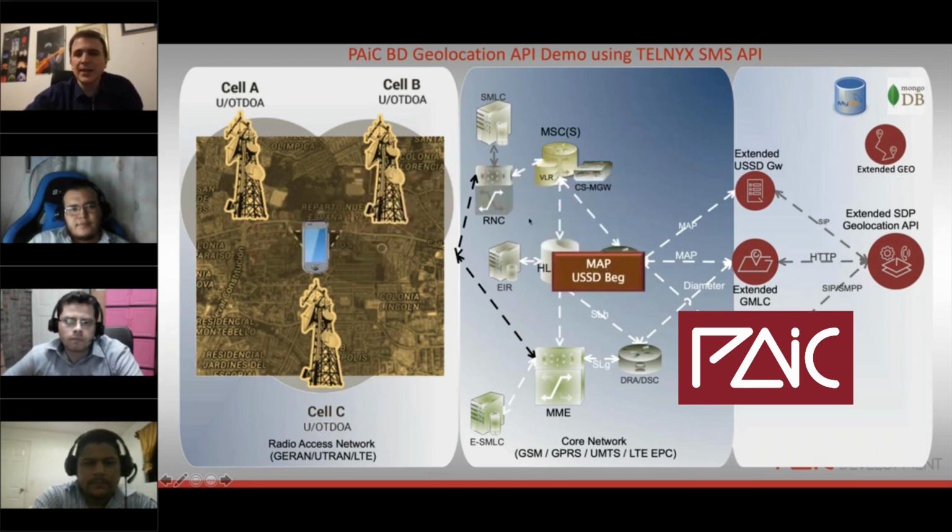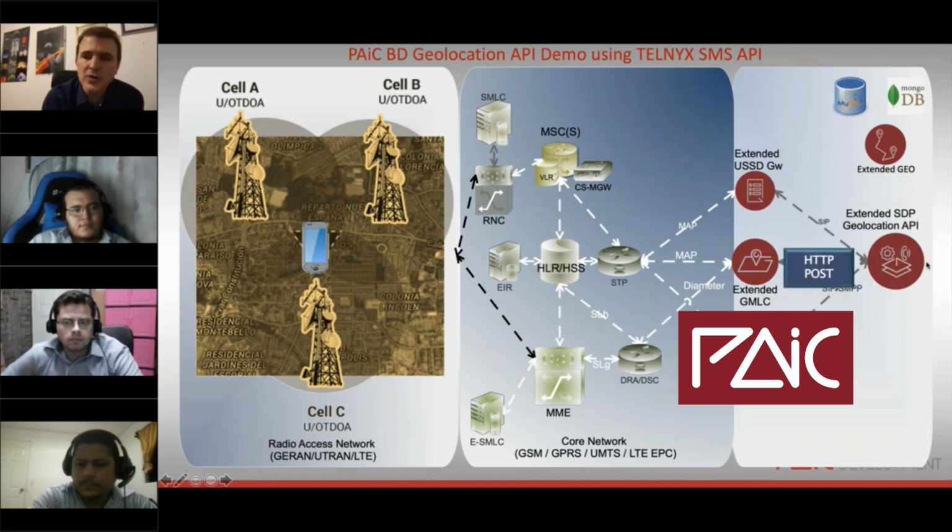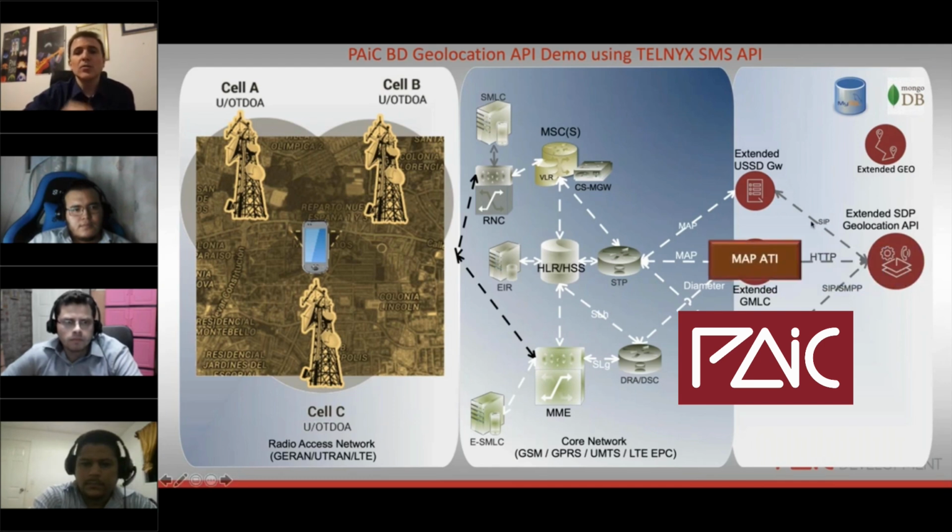Initially, the requester starts a USSD session, which will reach the extended USSD gateway, by dialing *911* the contact number #. The extended USSD gateway will contact the extended SDP through USSD over SIP, and then trigger an HTTP POST to the extended GMLC to send a MAP ATI to the HLR.